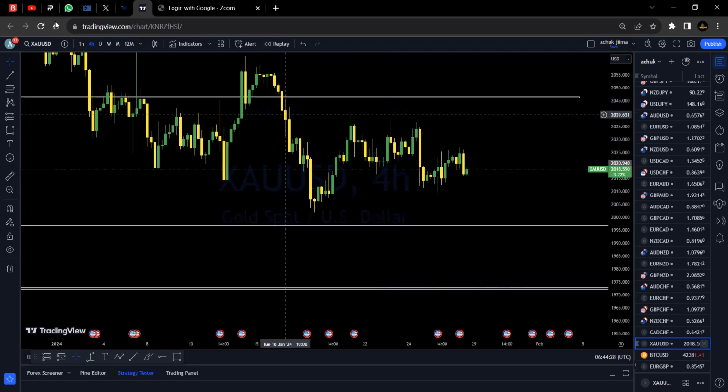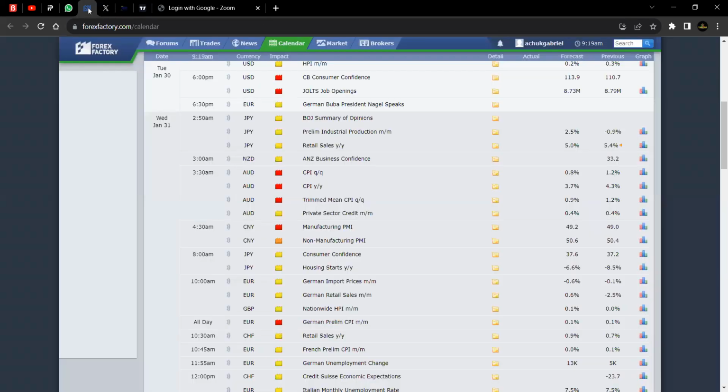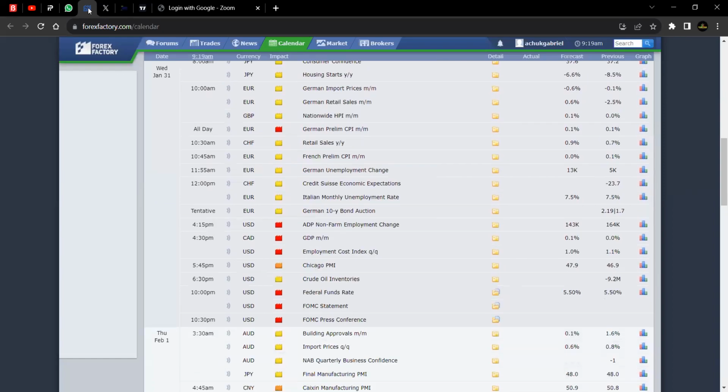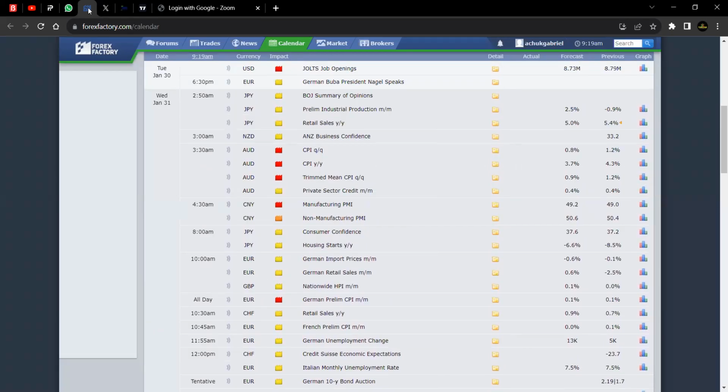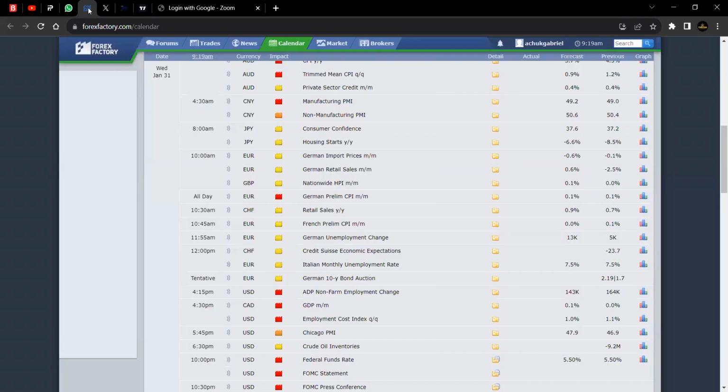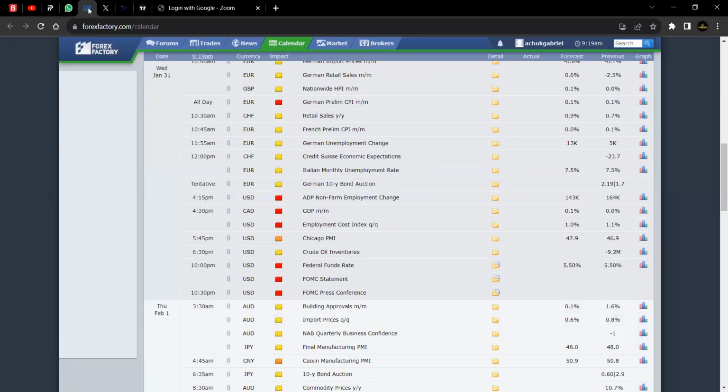So with that being said, it is important to finally look at the calendar and see the whole week. We are done with the Aussie, which will be on Wednesday, and then we have the Euro for the German. So beware of the volatility.